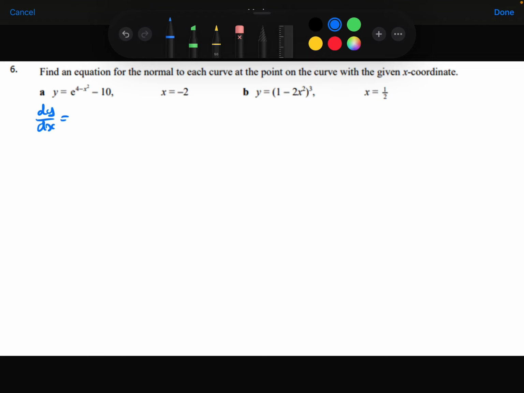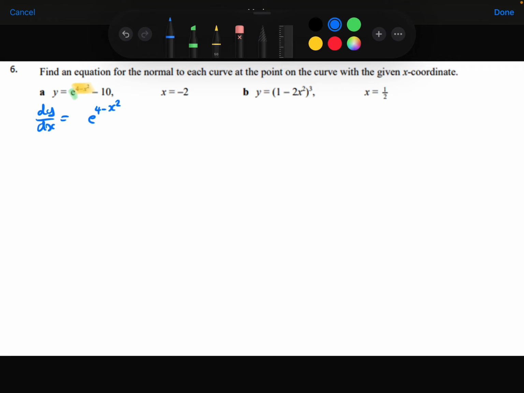So to differentiate, we have got the 4 minus x squared, and that is inside the exponential function. So let's differentiate the exponential function first. The exponential will differentiate to be the exponential. And then by the chain rule, we have to multiply that by the derivative of the inside function.